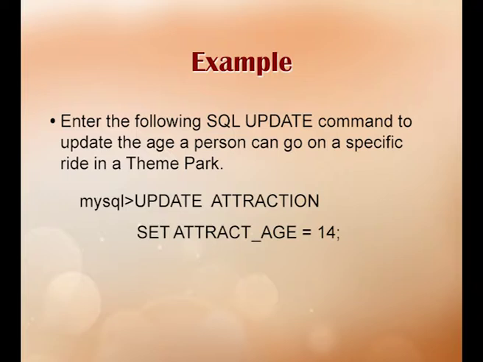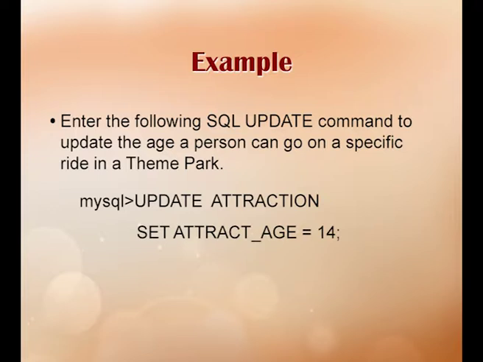So update attraction, suppose I want to set the age of a person to 14 for all the persons for any ride, that is attraction, for any attraction or ride, only 14 is the minimum age limit. So what I can do is use the command to set the age 14 for all its rows or for all its records.